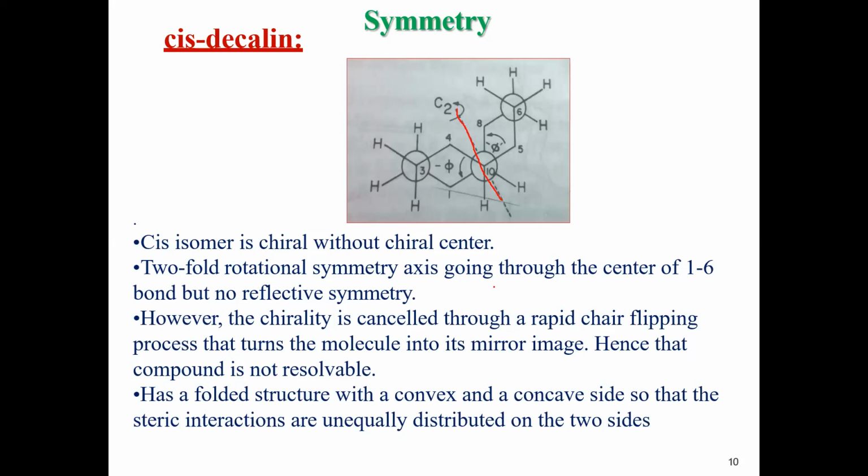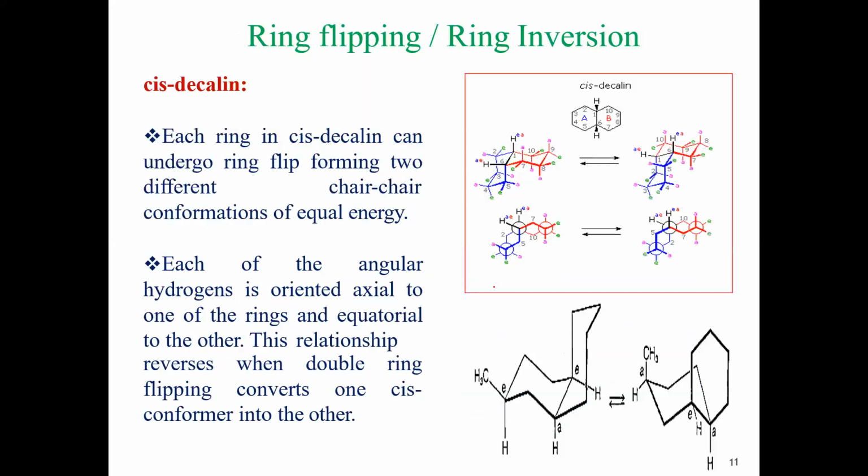Cis-decalin has a folded structure with a convex and a concave side, so the steric interaction is unequally distributed on the two sides.